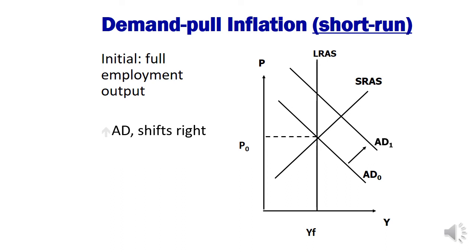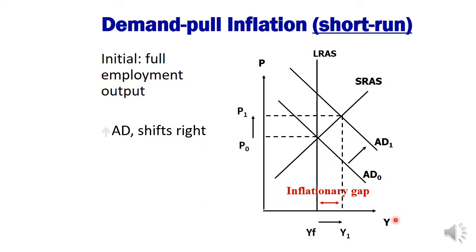Whenever you shift the diagram, take note of the new equilibrium point. The new equilibrium point is here, so take a measurement. So price went up. The price level went up, and now you're producing more. We are now producing above your full employment output. So now there's an inflationary gap.